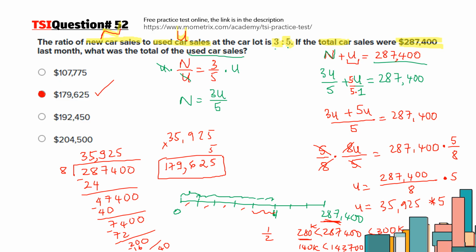Right? So this one is 150. So it means anything less than 140 will be eliminated. So I will eliminate the first option because it's only 107K. This one is less than 140K. Okay.